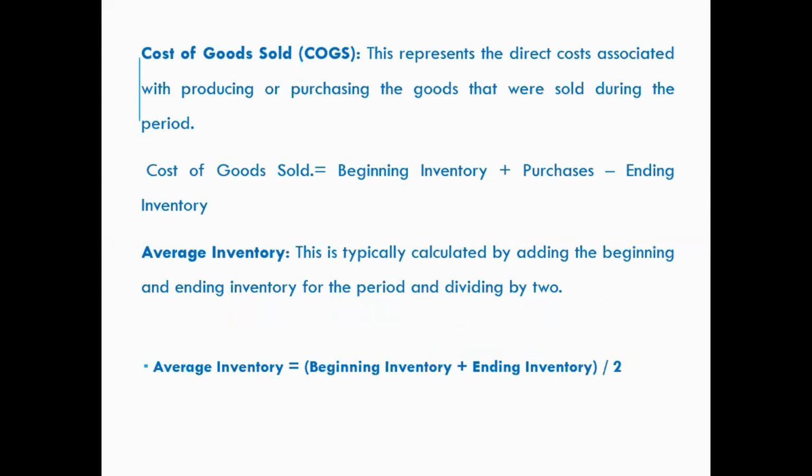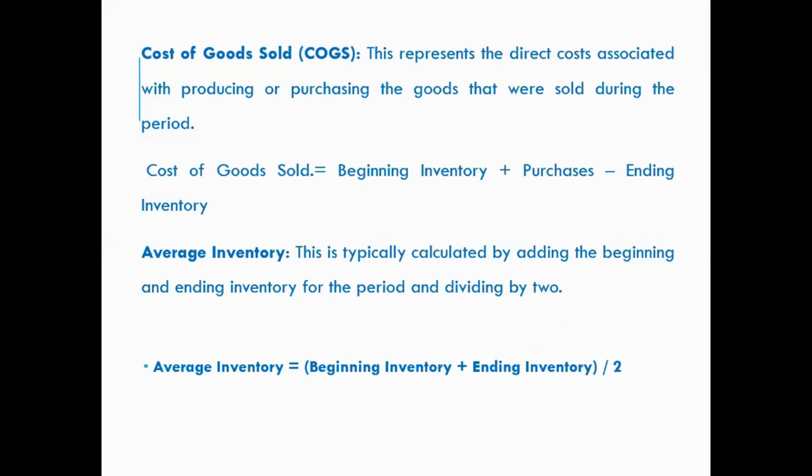Cost of goods sold. This represents the cost associated with producing or purchasing the goods that we have sold during the period. Cost of goods sold equals beginning inventory plus purchases minus ending inventory.